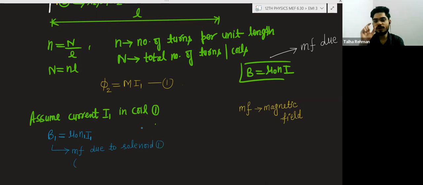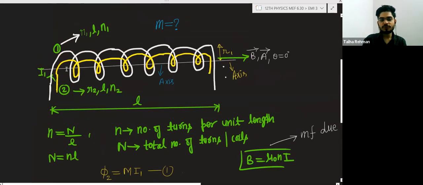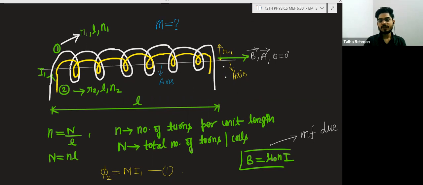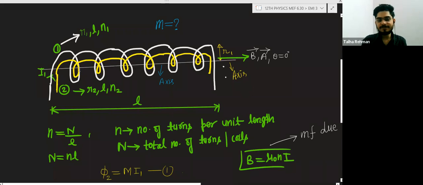And I have already told you in the last chapter that the magnetic field produced by the solenoid, we take in the axial direction, on the axis. The magnetic field produced by the solenoid will be inside the solenoid and in the axial direction.